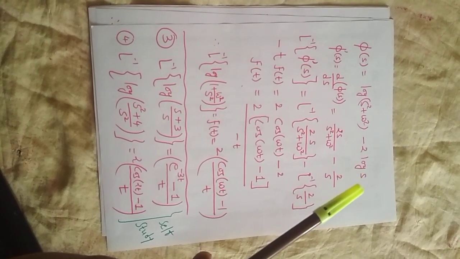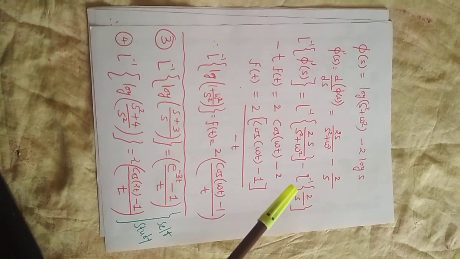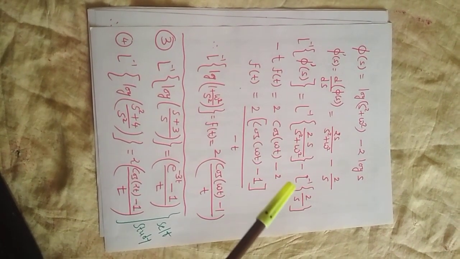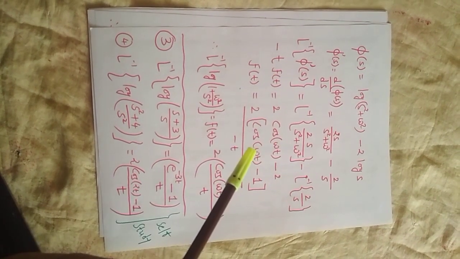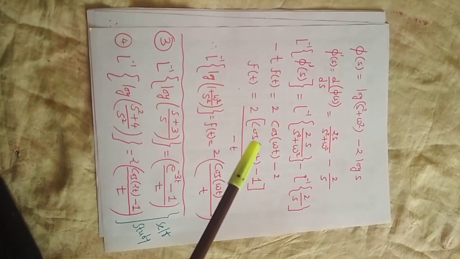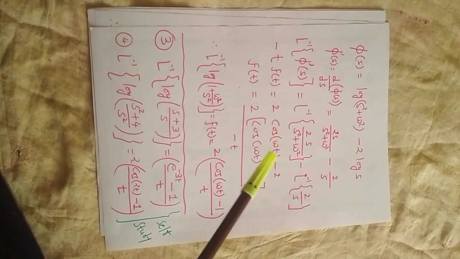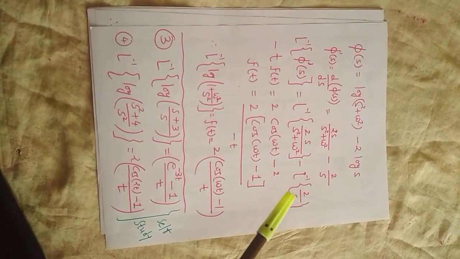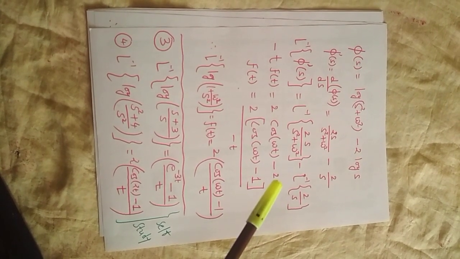In the previous step we did not know the inverse Laplace of this part, but now we know the inverse Laplace of both functions. So we can apply the inverse Laplace on the right-hand side. 2 common outside and cos omega t, and here 2 common outside, 1 upon s is the Laplace of 1, so this is only 2.